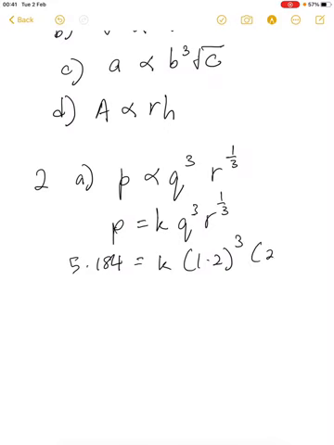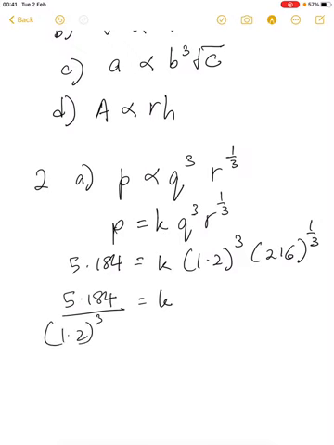So K equals to 1 over 0.2 times 6, K equals to 1 over 2. Okay, so K equals to 1 over 2.